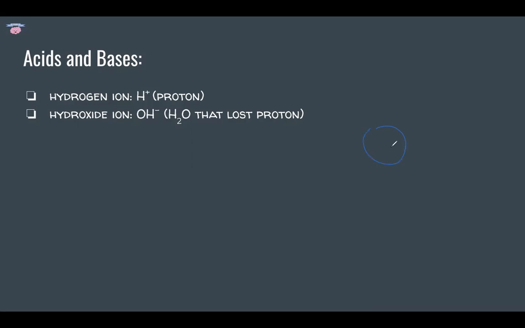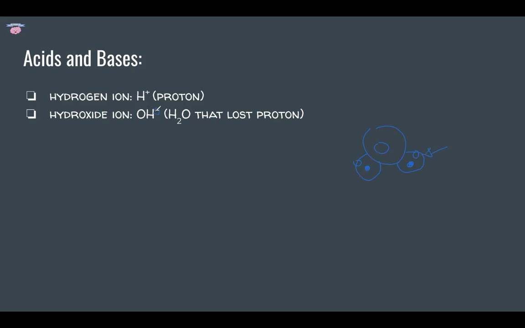It's basically H2O, but one of the hydrogens, this one still has its proton and its electron, but this one lost its proton, which means there's one extra electron here, and that's why there's a minus.